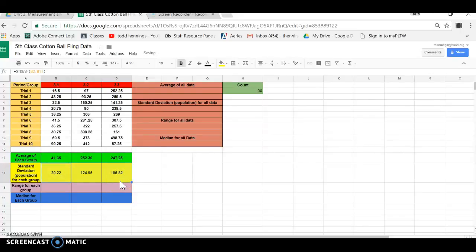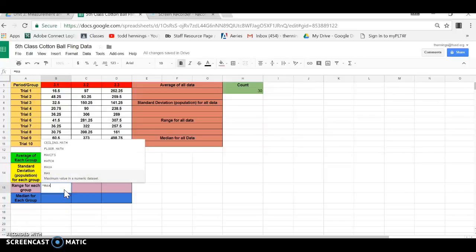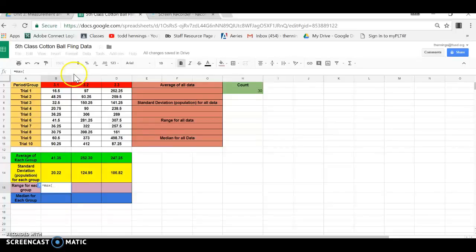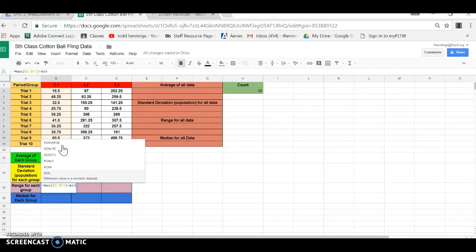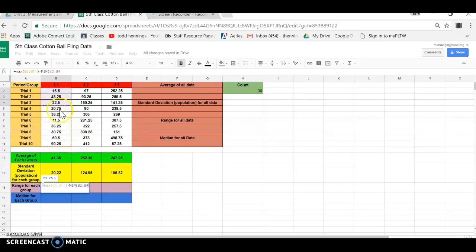There it is. The range, we should have figured out, is just the maximum minus the minimum. And we could look at those and find it with our eyes, but let's have the computer do it. So we'll go equals max, highlight that data, minus min, highlight that data again.